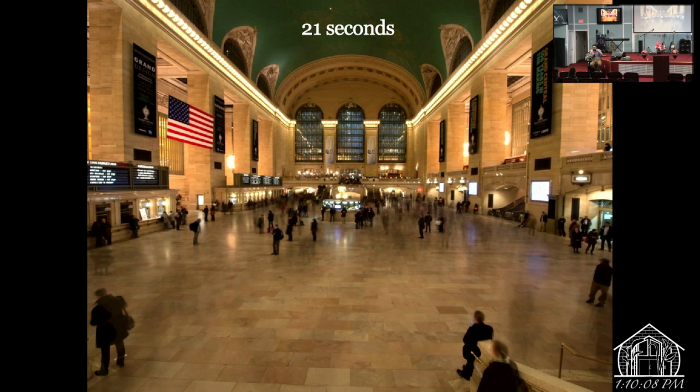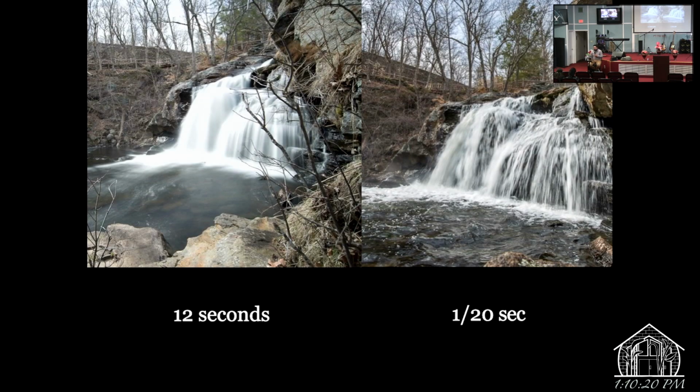So right here we can see the shutter speed. It's less. So 1/21 seconds. You can still see a little bit by the stairs, some blurriness. Another kind where you want a low shutter speed is a waterfall, for example. If you want to capture the waterfall just like your eye seeing it, you would do 1/20.